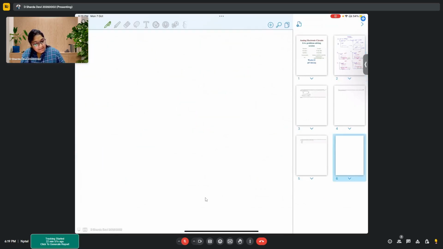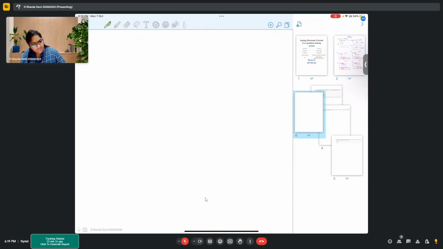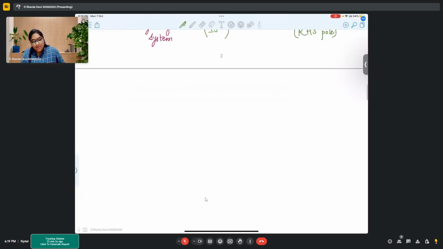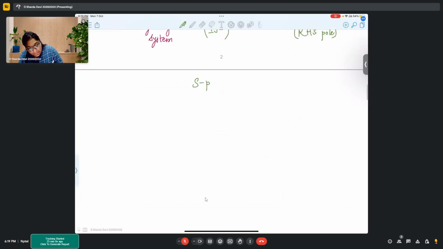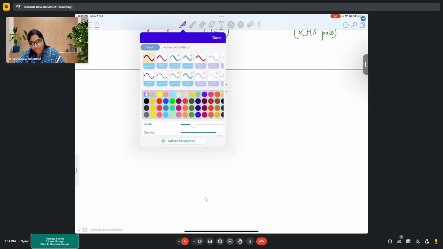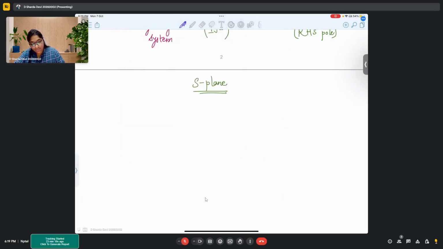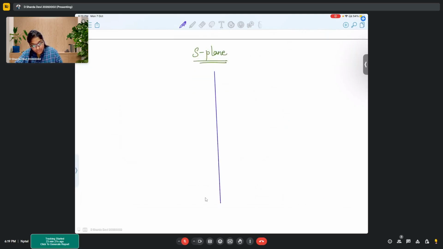So, in that S plane, so we have S plane. How do we draw S plane is we again have two perpendicular axes similar to any plane.